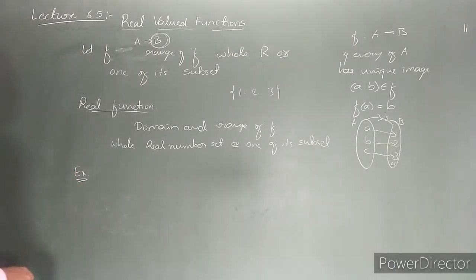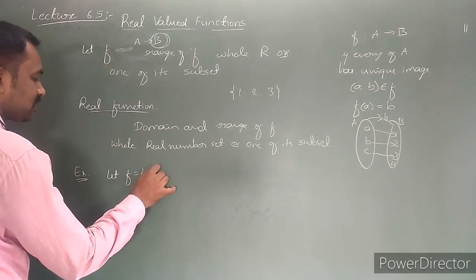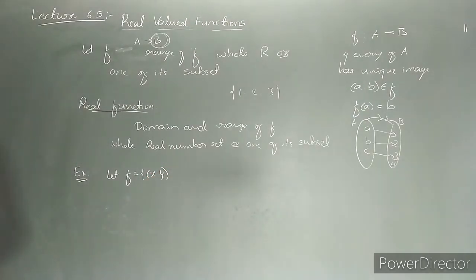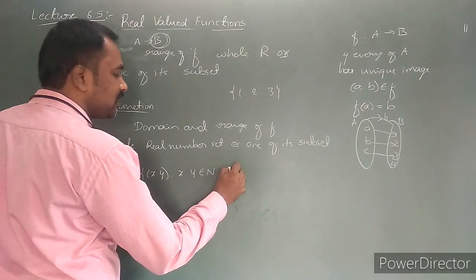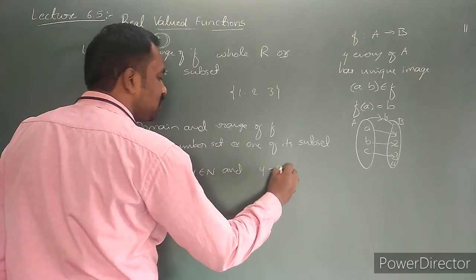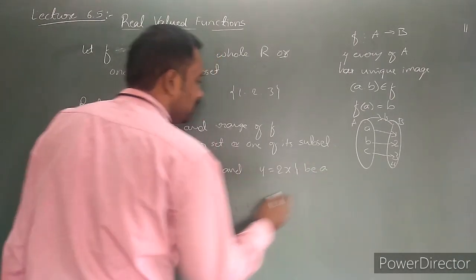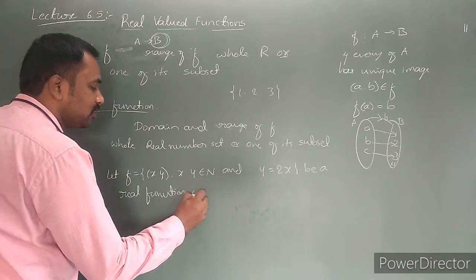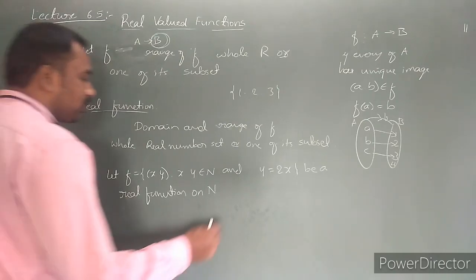Suppose, the example I am going to take: let f is equal to {(x, y)} such that x and y are natural numbers and y is equal to 2x. Let it be a real function on the natural number set N. Find its domain and codomain.